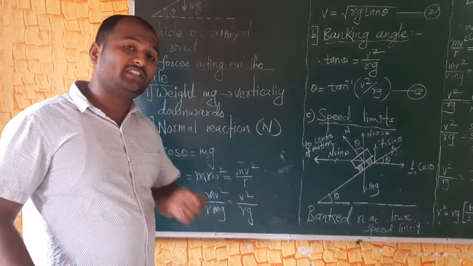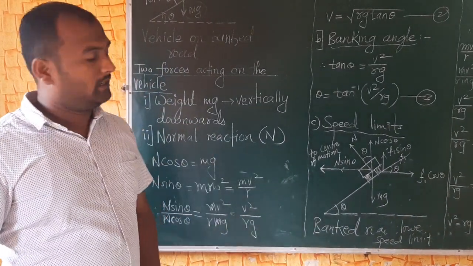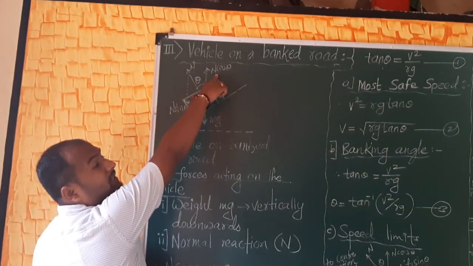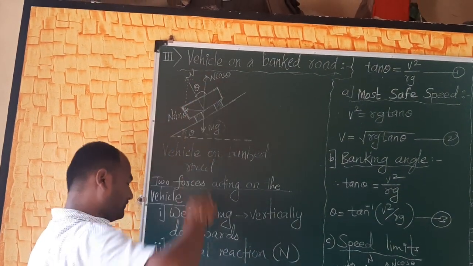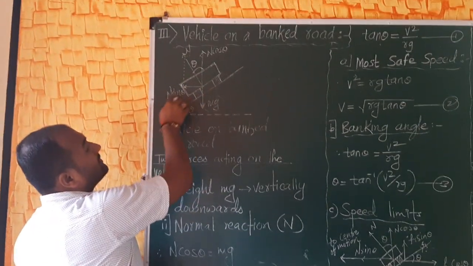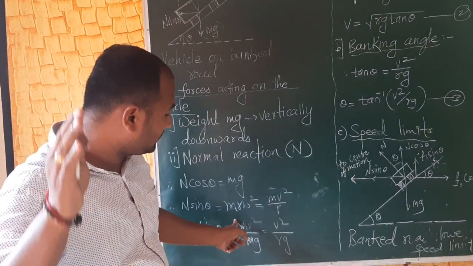So here there are two forces. First is the vertical component N cos theta, which balances the weight. Another is the horizontal component N sin theta, which provides the necessary centripetal force.